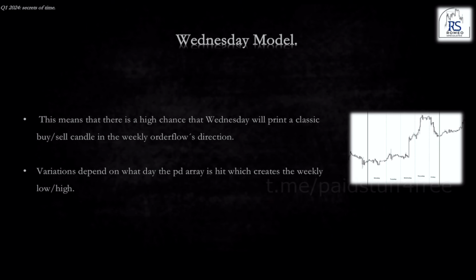Now, taking into consideration the two previous data points, this means that there's a high chance that Wednesday will print a classic buy/sell candle in the weekly and daily order flows direction. It's not a guarantee. And when I say buy and sell candle loosely, right?